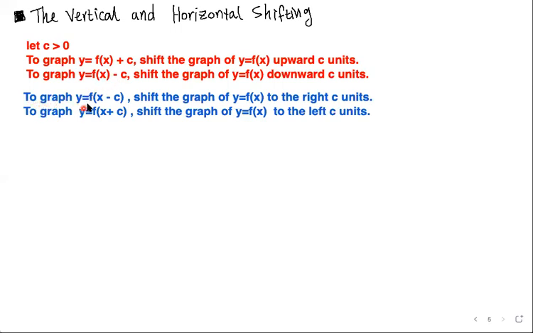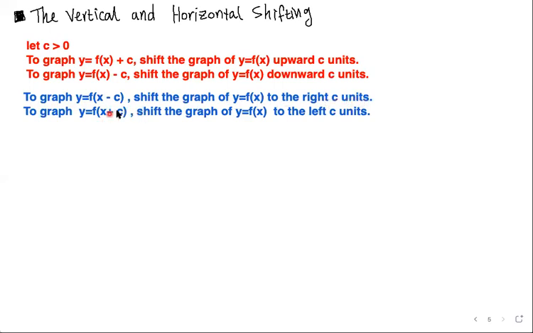Now, for the horizontal shifting, if I want to subtract this positive number from the function, but from inside, to graph this function I have to shift the original function to the right c units.